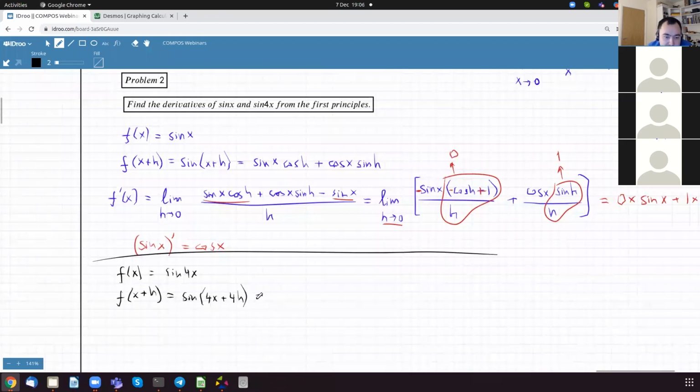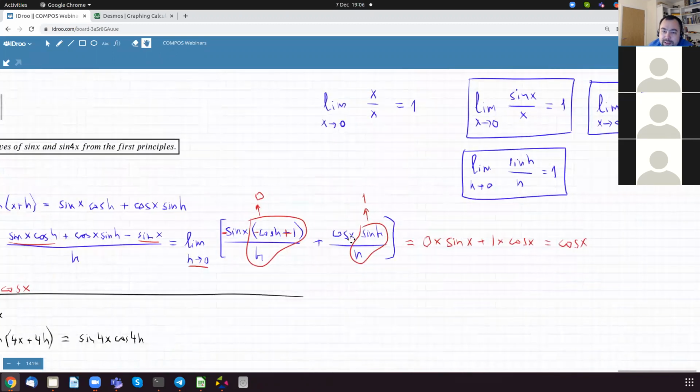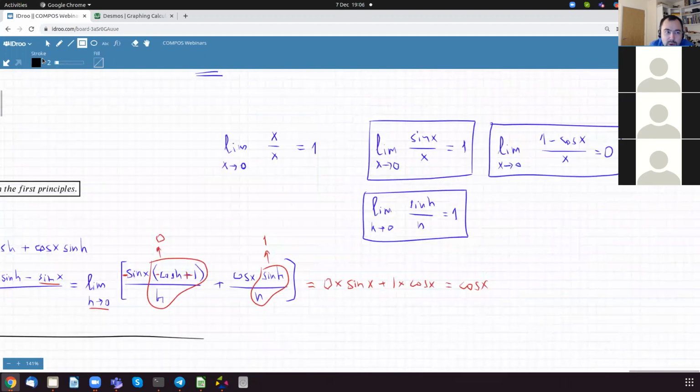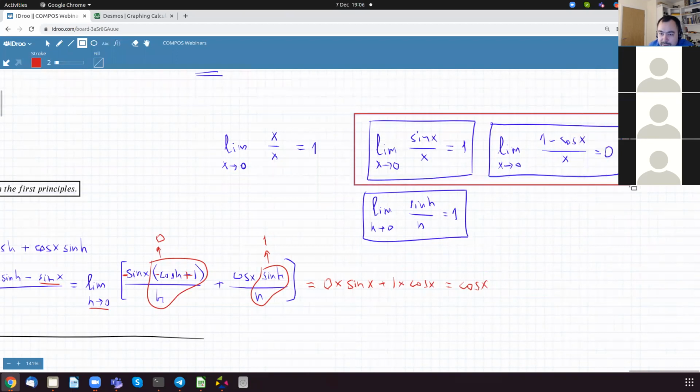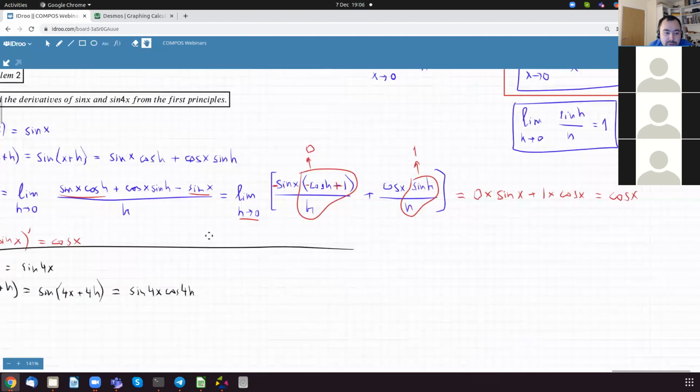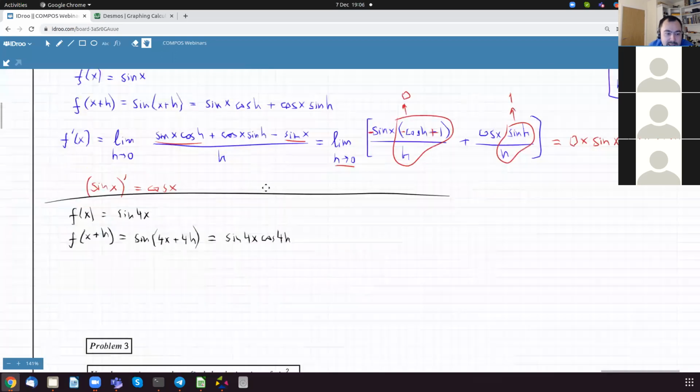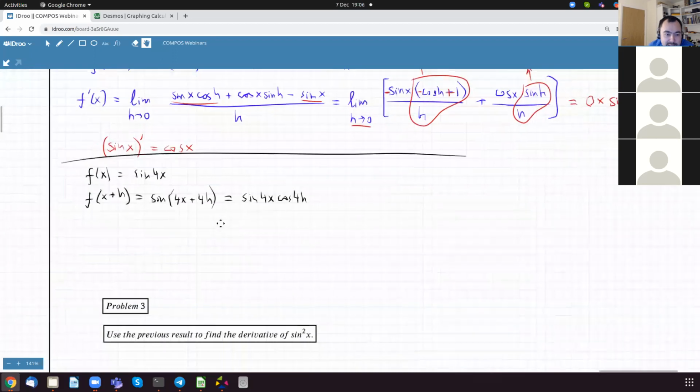And yet again, we do the same stuff. We do sine 4x cos 4h. By the way, the proof of these limits is quite extraordinary. It's difficult. It's quite cool. So if you do have a chance, study these limits and try to explain how they work. And okay, let's move on.